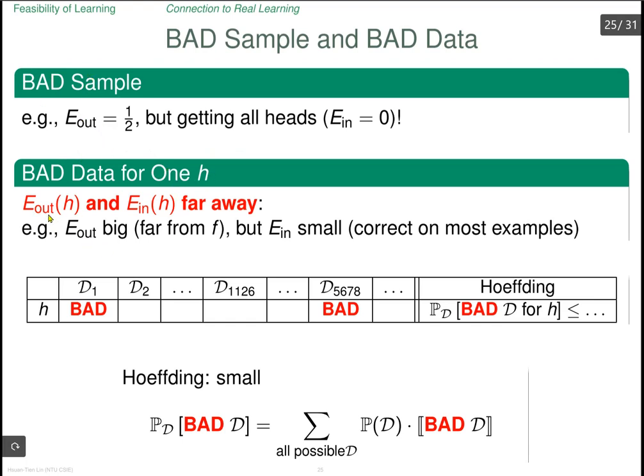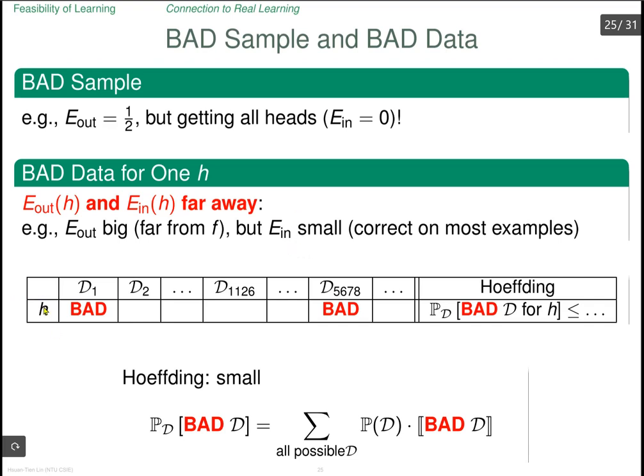Let's consider this case where E_out and E_in are different. We consider that case relating to a bad sample. Out-of-sample error is big, far from the target function, but in-sample error is small, correct on most examples, on all examples.